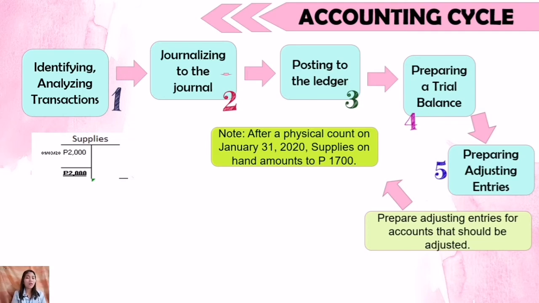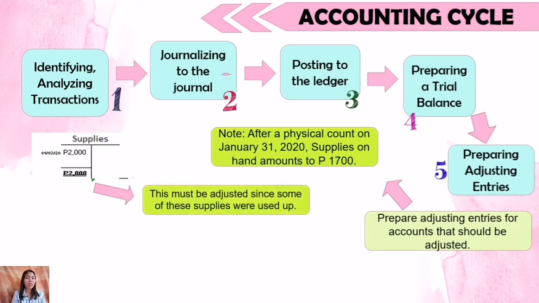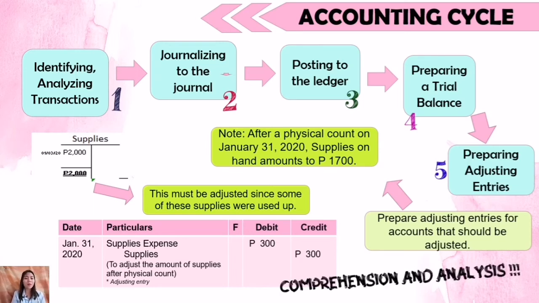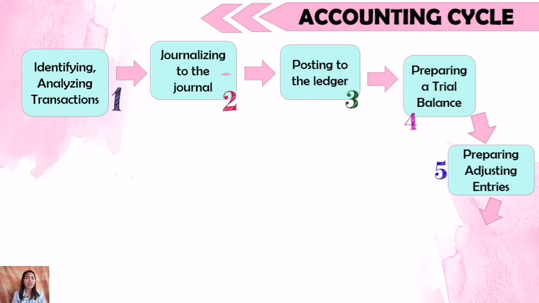Now at the end of January 31, it amounted to 1,700, meaning some portion of those supplies were used up. So we need to adjust this, and this is now the adjusting entry. This happens in the 5th step, or the preparation of adjusting entries. Don't worry, we will discuss more of this in the next video lesson. Here, comprehension, analysis, and of course the computation.